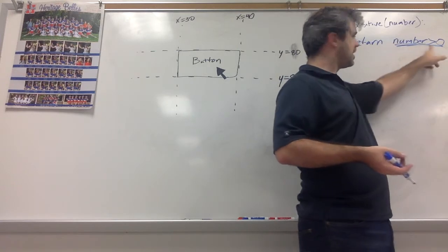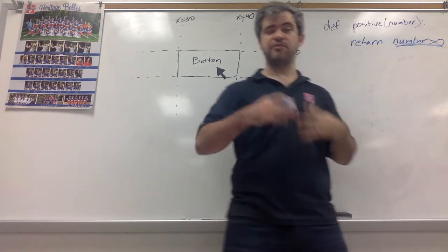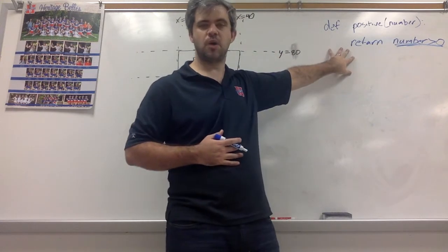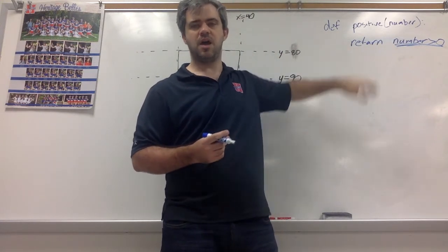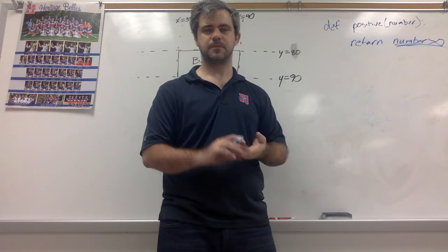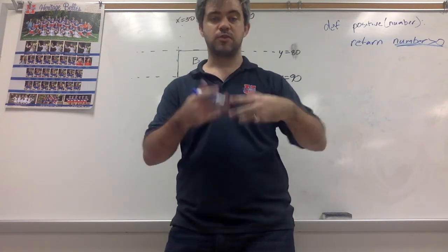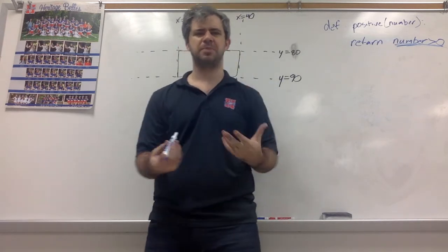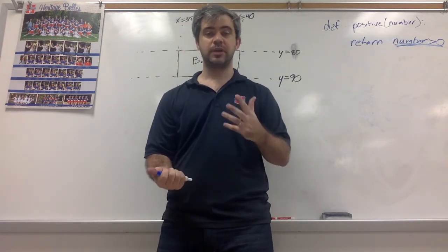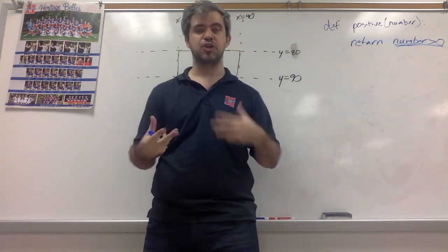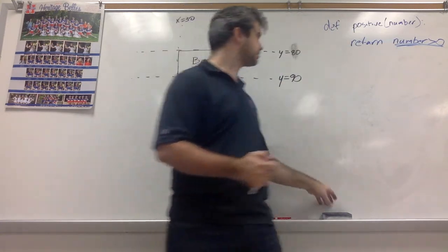If the number isn't greater than 0, then this will be false, and it will return false. This is the more accepted, more elegant way of writing a function like this. Now, I'm going to show you an example where this would be more useful, where it's something more complicated, where you really wouldn't want to rewrite this condition over and over.